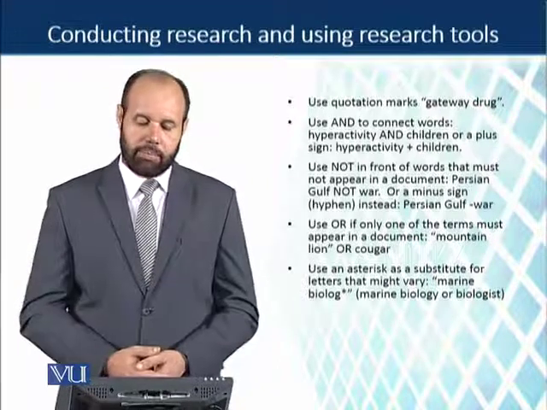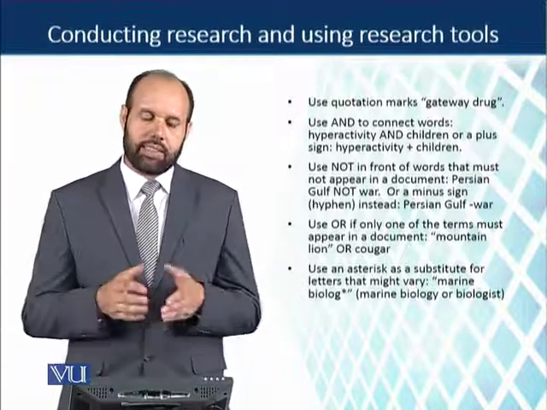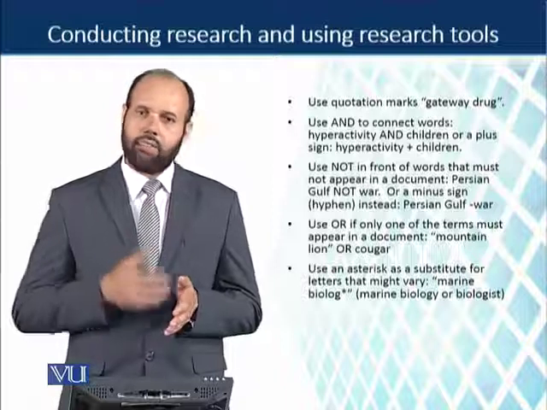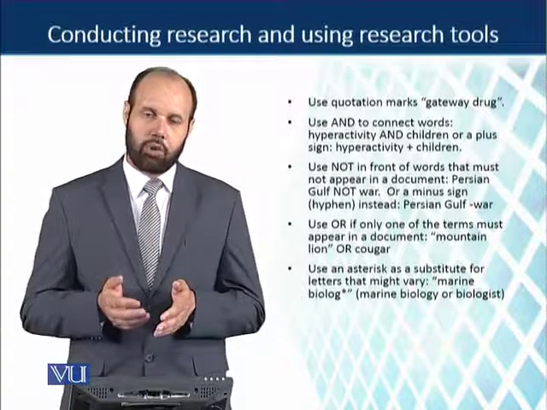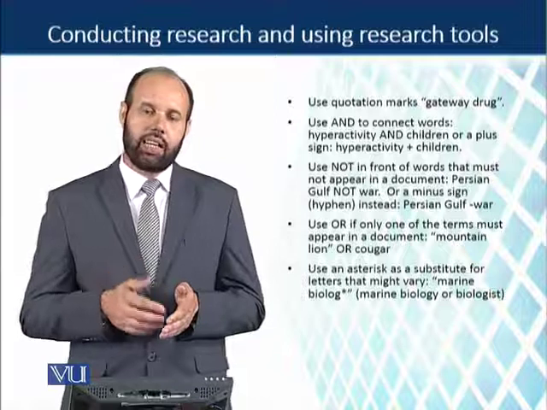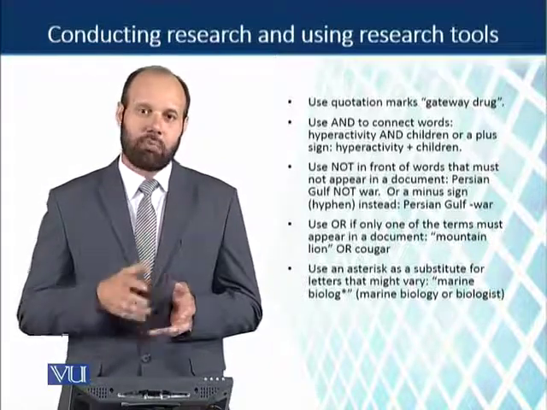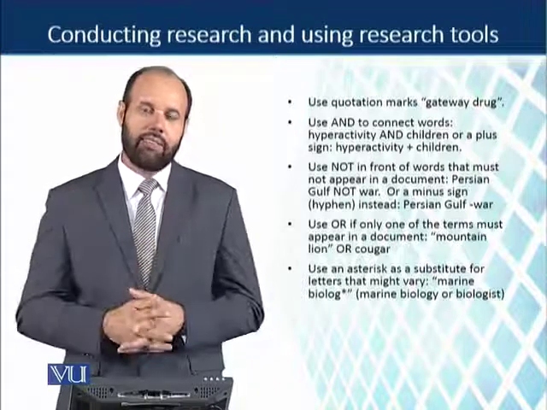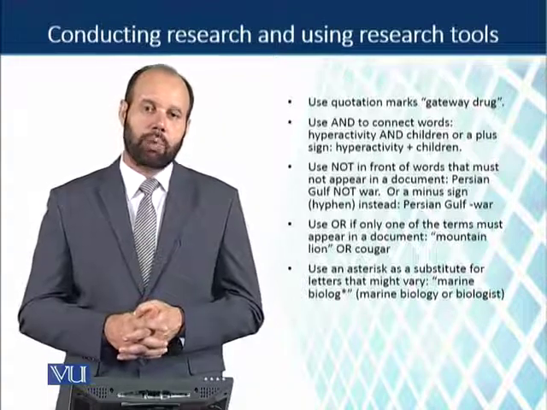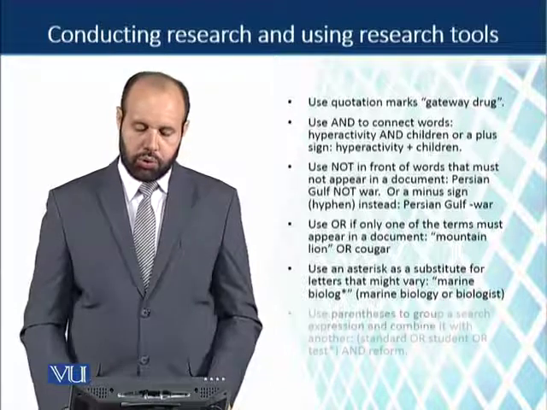That asterisk symbol means any form of the biology spelling, it could be biology, it could be biologist, or it could be biologists, the plural form, right? So any variant of this word would be there. So that's another tip which you should know.